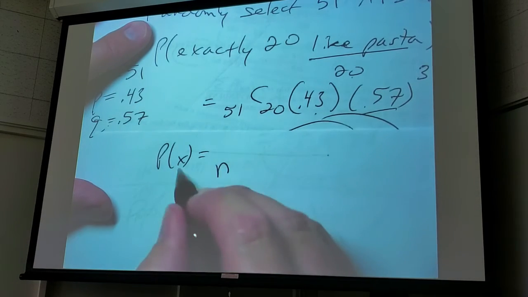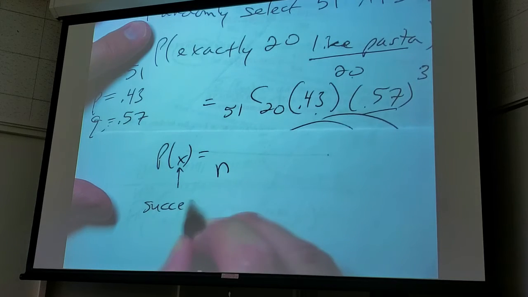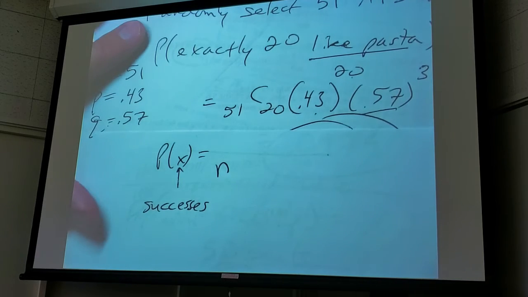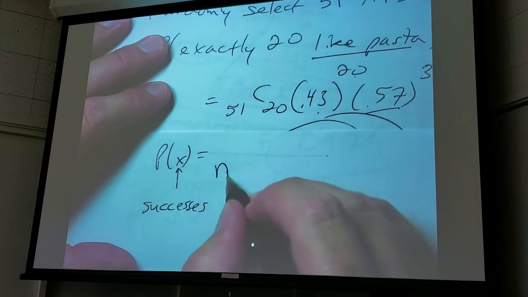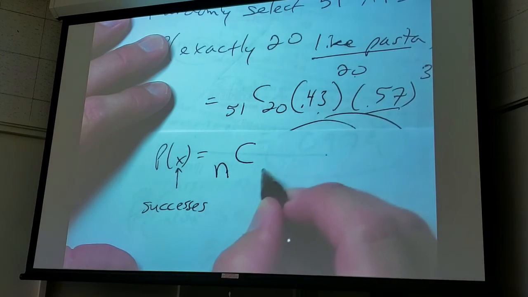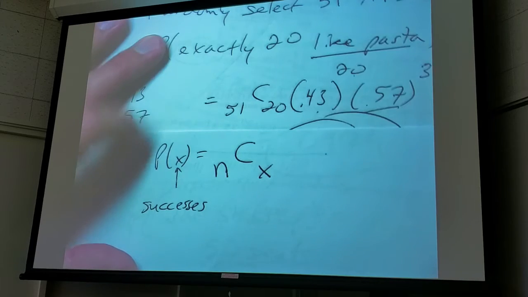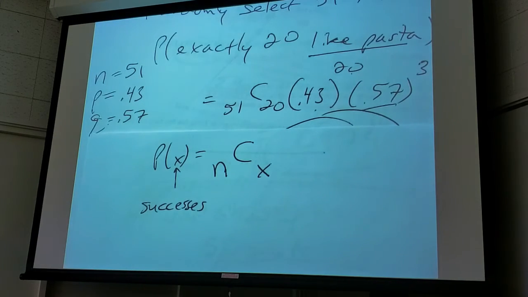So the probability of this many successes, we're going to kind of go back and figure out what the formula must be. So I have n things, and I want to choose this many successes. So my variable in this kind of problem is the number of successes.